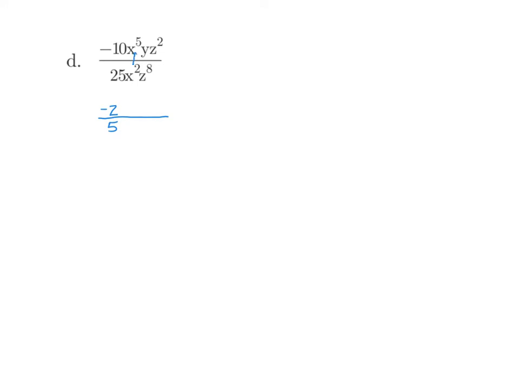We can subtract the exponents for our x's. 5 minus 2 is 3. We're going to put it on top. Y stays the same. We can move our 2 down to the bottom, and we get z to the 8 minus 2, which is z to the 6.